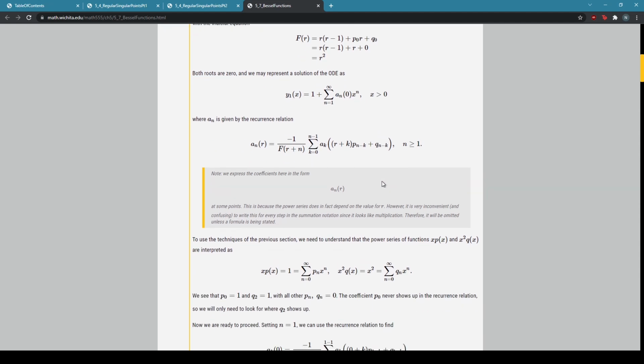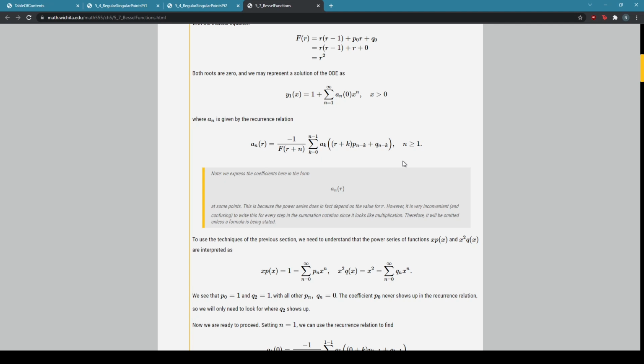Now, for solutions of this particular form, we're always going to have a set formula for the recurrence relation. It turns out that these problems have a complicated but explicit formula for the recurrence relation that always works that we can use.